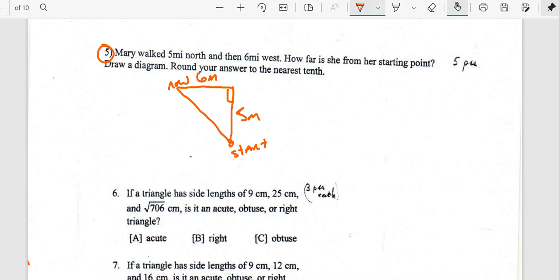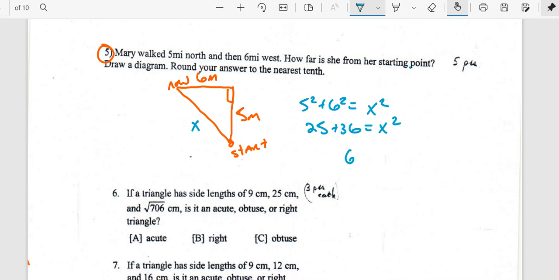So now I need to do my Pythagorean theorem to figure this out. 25 plus 36 equals x squared.